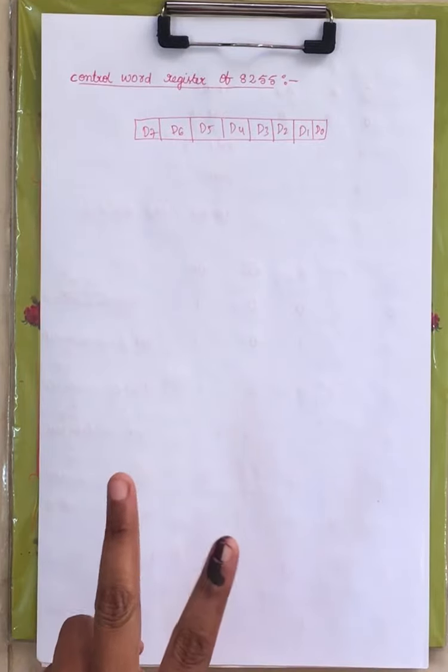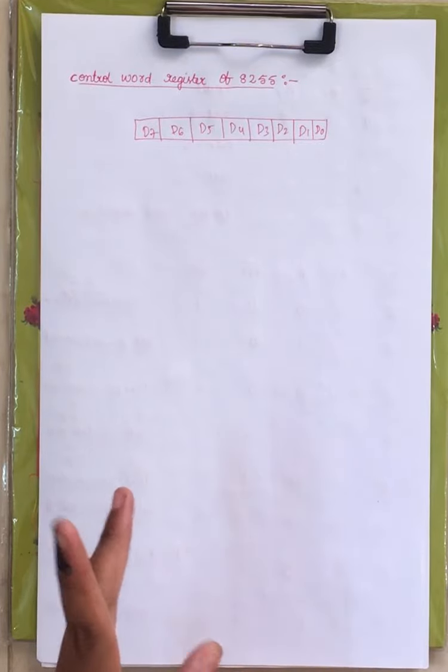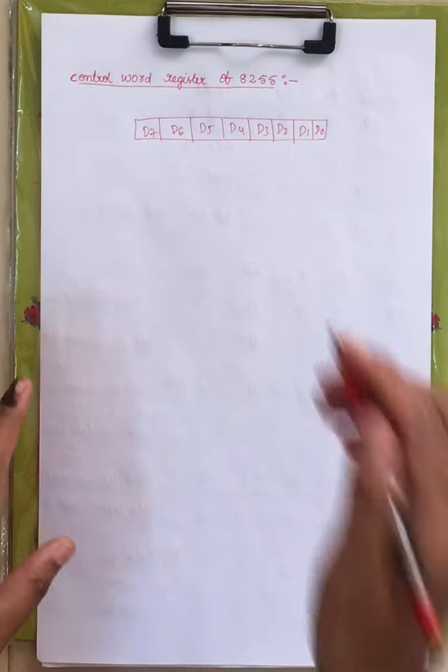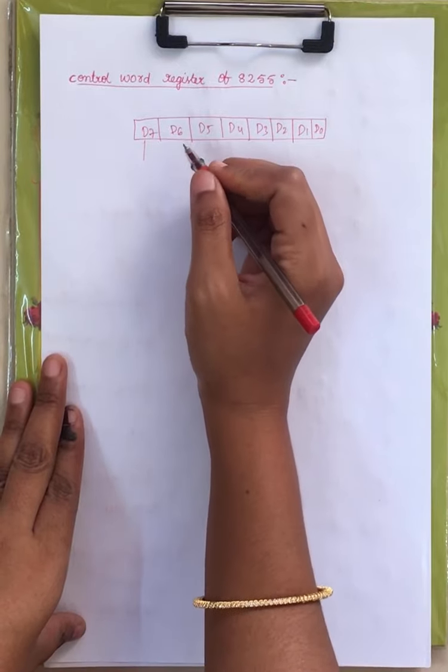These values may be either 0 or 1. Let us see what operation is performed for 0, and for logic 1, what operation is performed by each particular bit under the control word register. First let us see the 7th bit, nothing but D7.